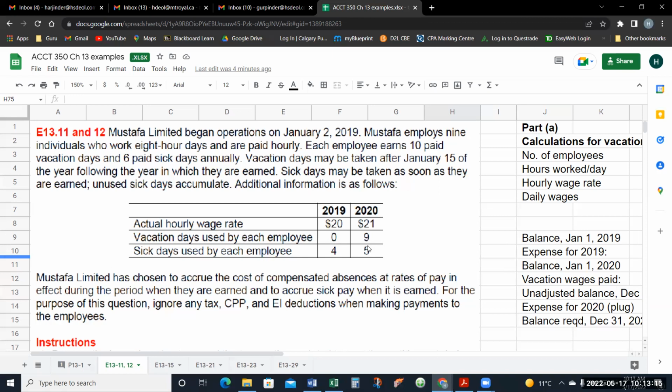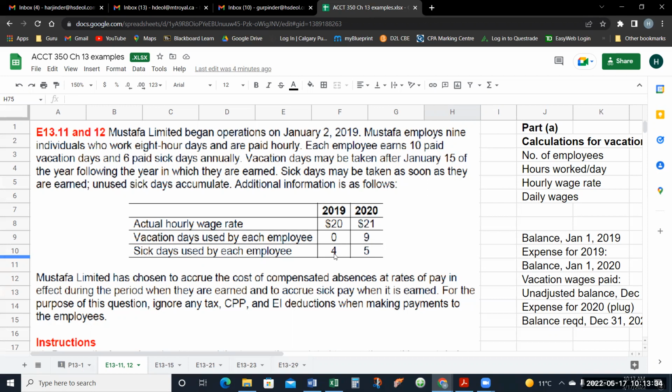Now, keep in mind, in real life, it will be a little bit messier. For purposes of exercises and examples, the textbook questions tend to be a little simplified, right? So we're assuming that every employee took 9 vacation days in 2020.